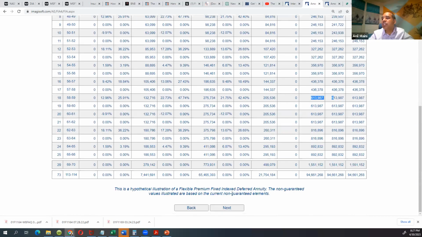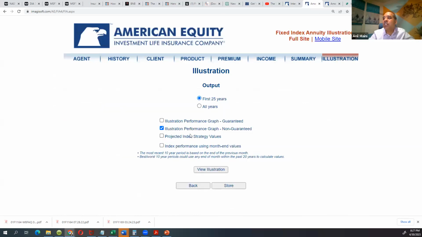So let's run the illustration and see how detailed it is. The illustration will give non-guaranteed and projected index values. View illustration, for 25 years, though it covers all years.